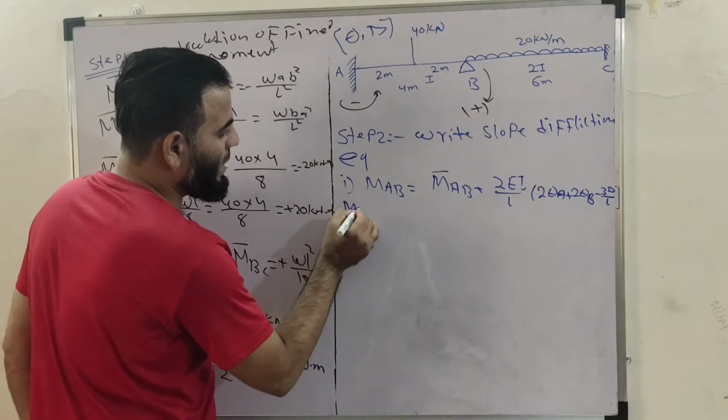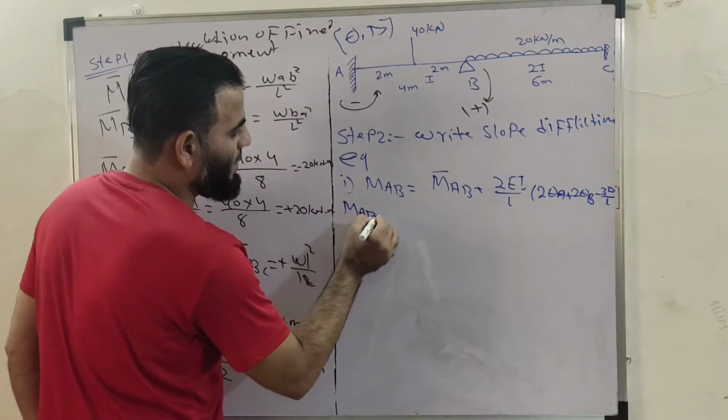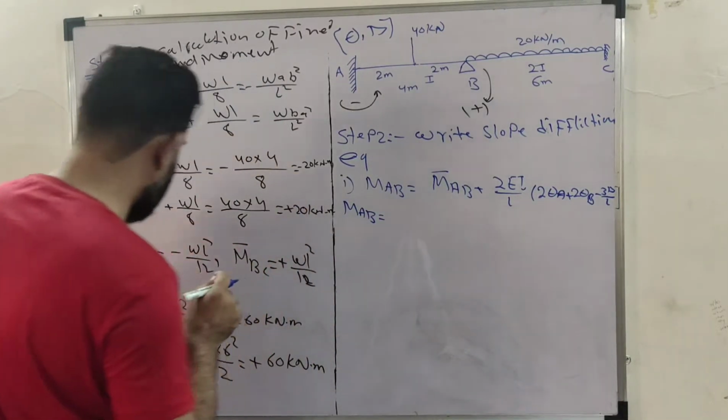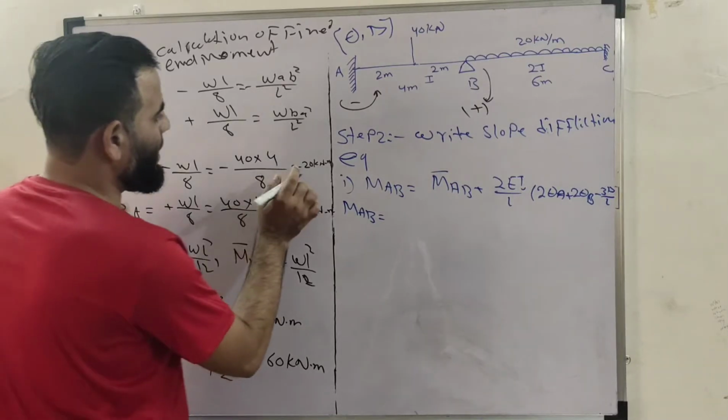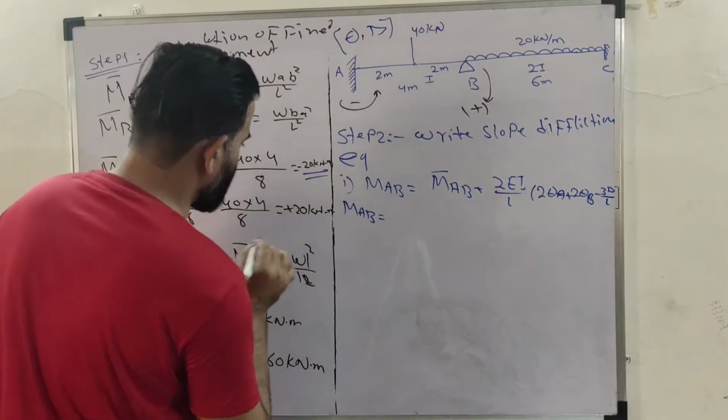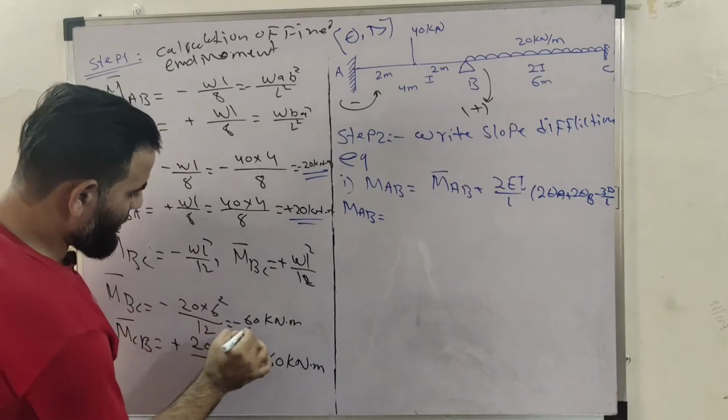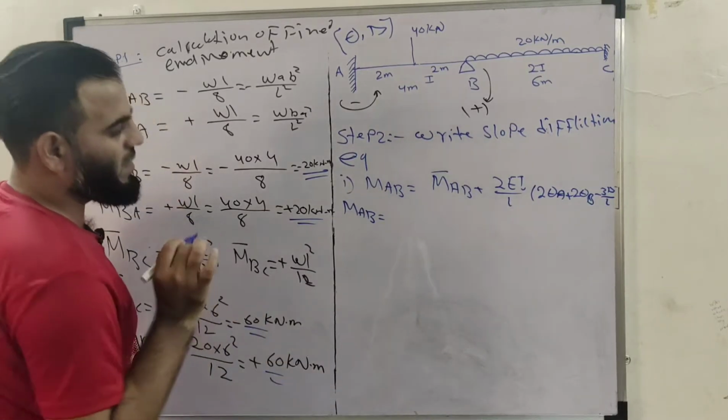The fixed end moment of AB we already calculated is minus 20 kilonewton meter.